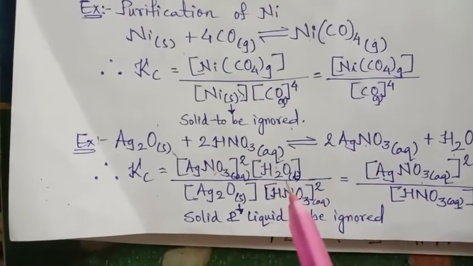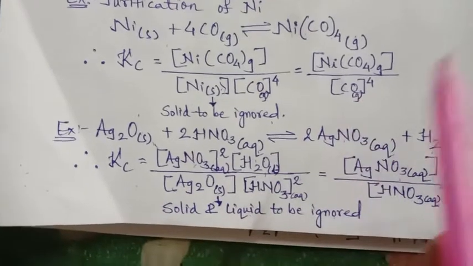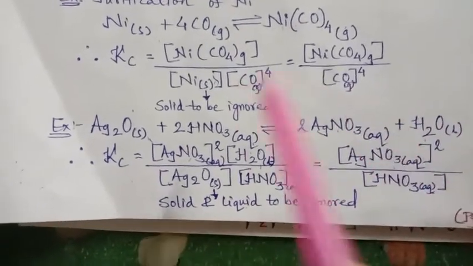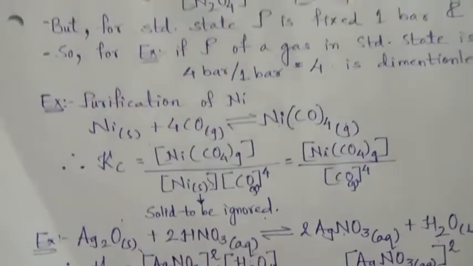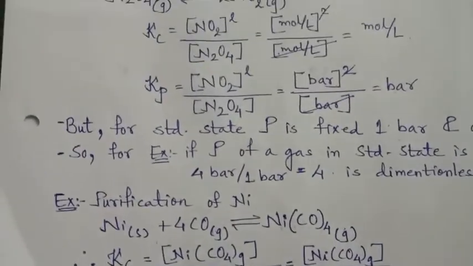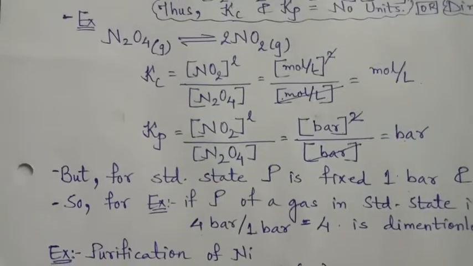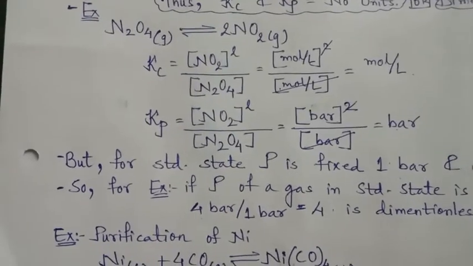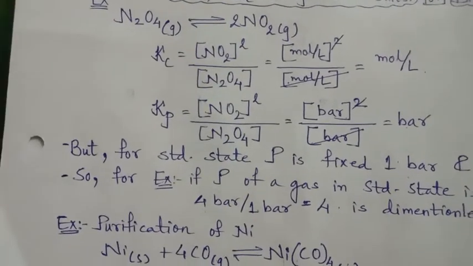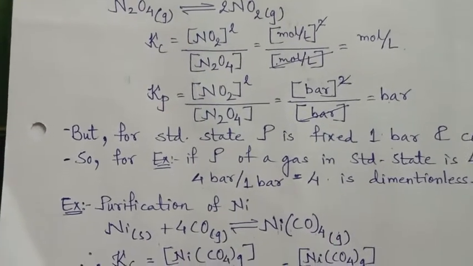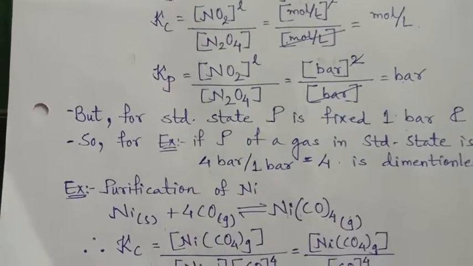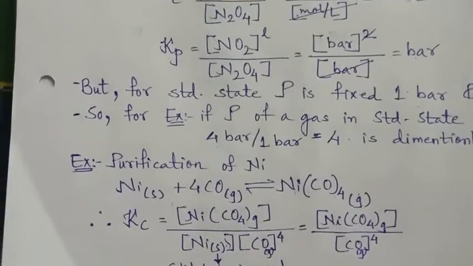So this is about the heterogeneous equilibrium. The calculation of Kc and Kp is completely similar as homogeneous equilibrium. But the thing you have to keep in mind is in heterogeneous equilibrium reaction, we have to ignore the concentration of solid as well as liquid, right?